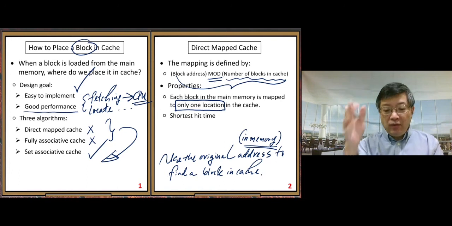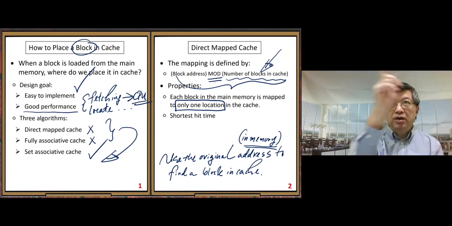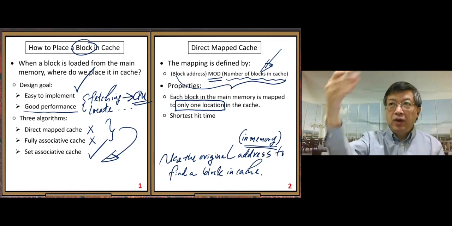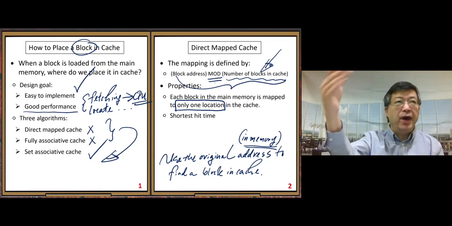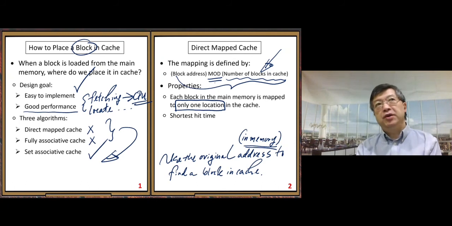Shortest hit time. Why? Because when you do this modular operation, you only get one number. You just go to that slot to check if the data is there or not. That's fast. You only need to check once in cache. If it fails, it's a cache miss.